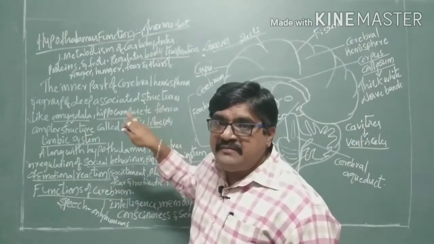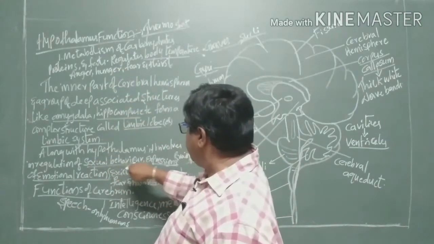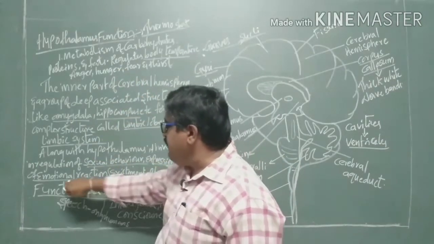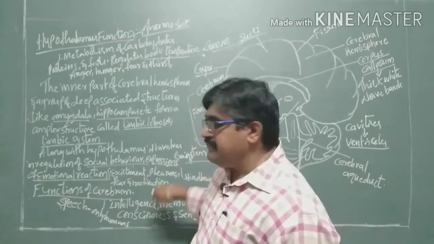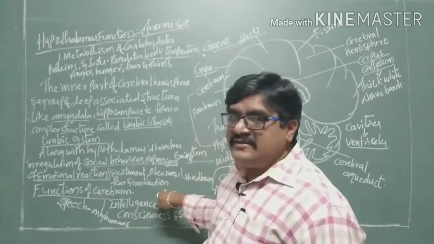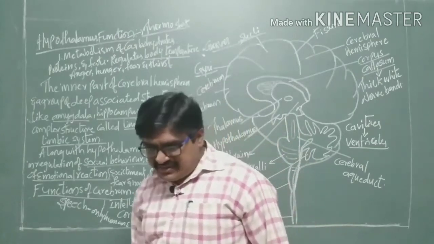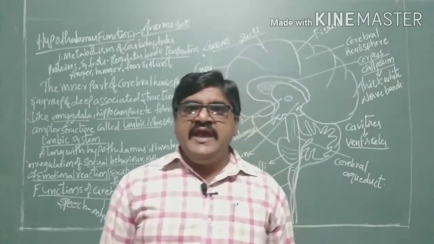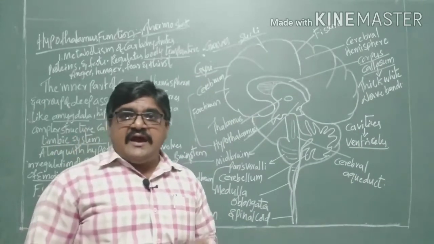Along with the cerebrum, it helps regulate sexual behavior and the expression of emotional reactions such as excitement, pleasure, that means happiness, and fear, and also the motivation of organisms.